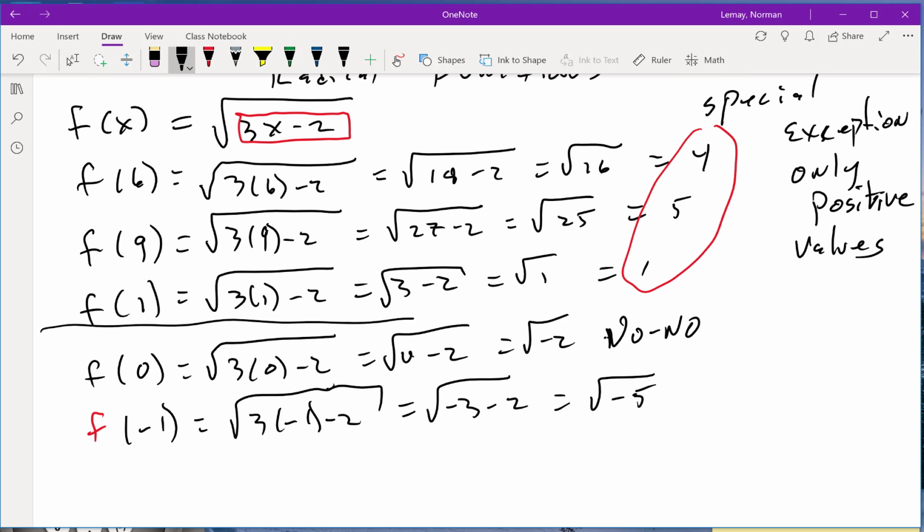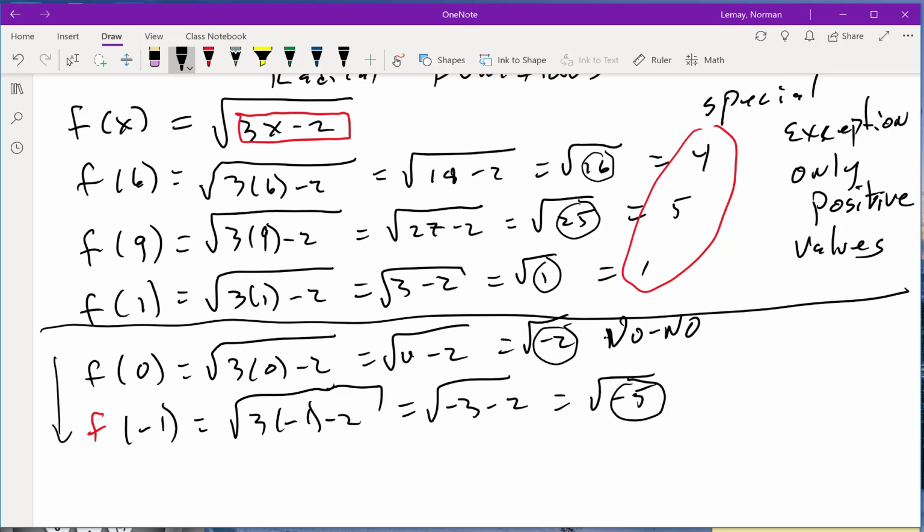Notice that there appear to be values of x which yield a positive radicand, and values of x that yield negative radicands. Remember that the thing underneath the square root sign is called a radicand.